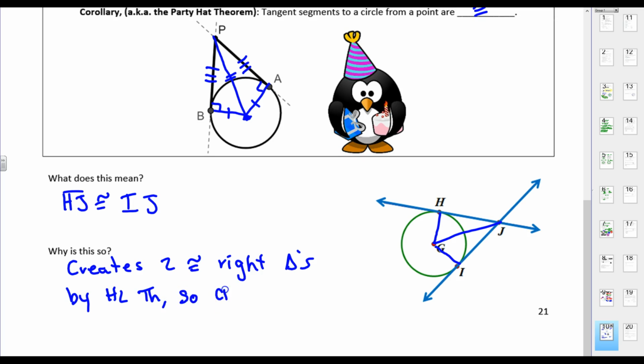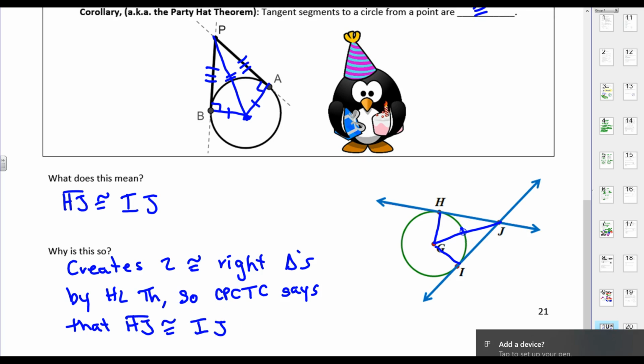So by CPCTC, HJ would be congruent to IJ. We'd have this shared side, we'd have the common radius, right? The radii are congruent. So by HL, because that's a hypotenuse and that's a leg, these two triangles would be congruent, which would mean these two tangents here would also be congruent.